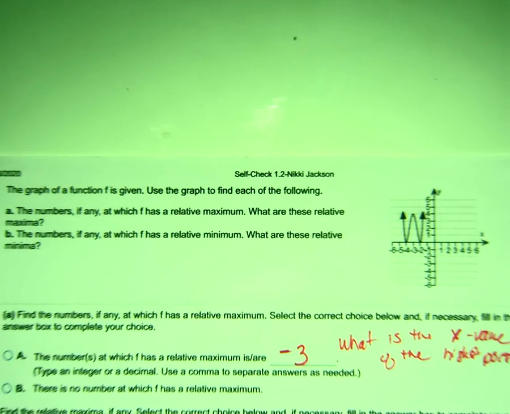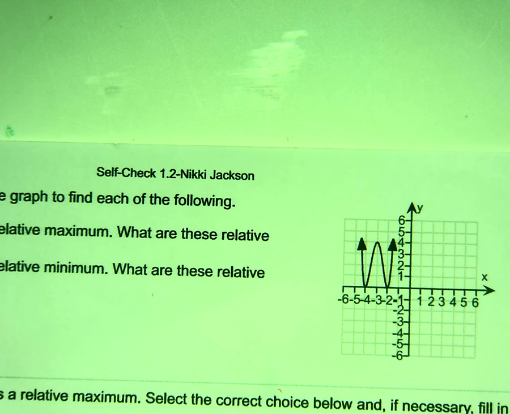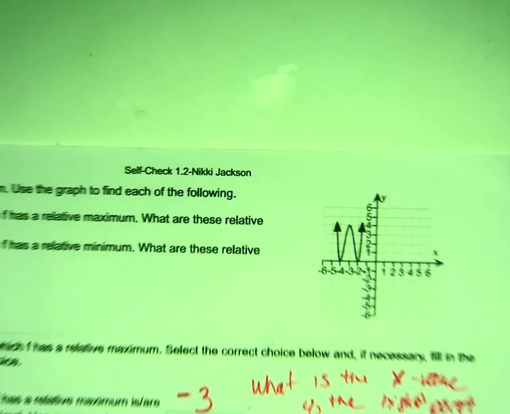So I'm going to zoom in. So here's your highest point right here. Remember, the arrows don't count. We know the y value is going to be positive 4, but the x value is negative 3. So the number at which f has a relative maximum is going to be negative 3.